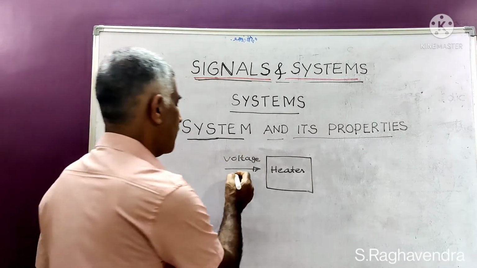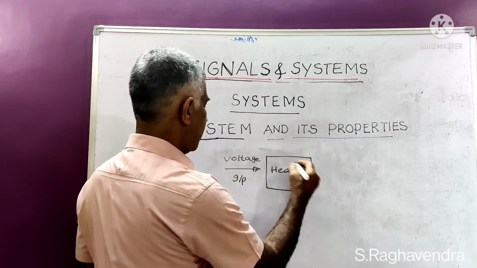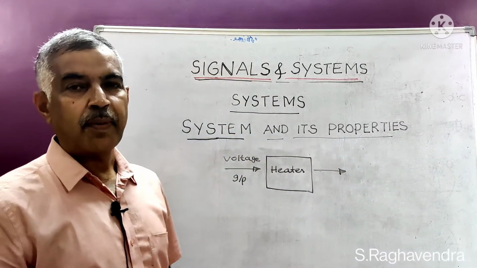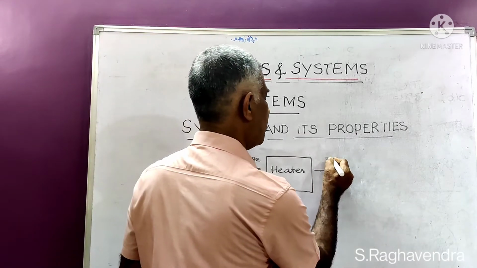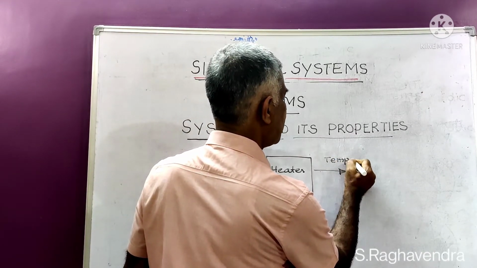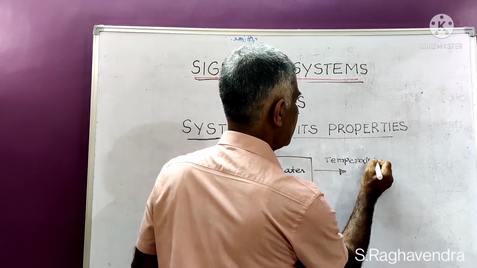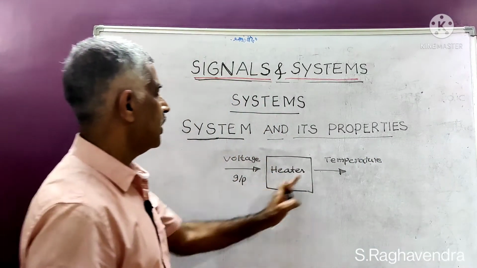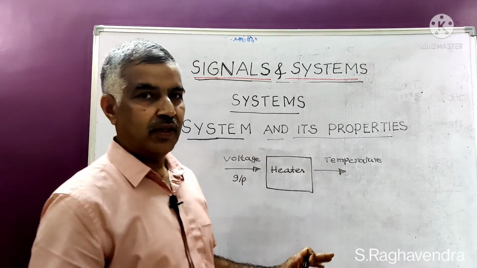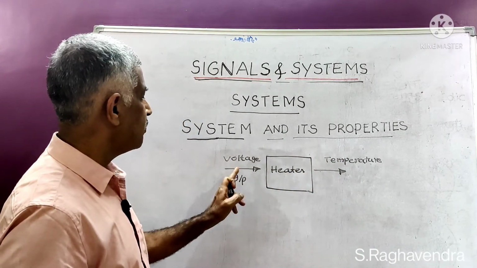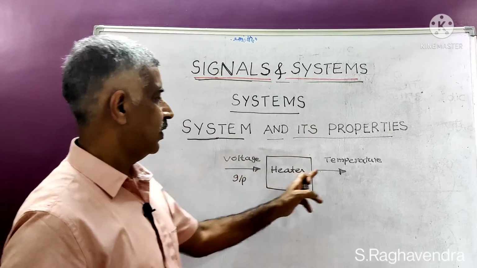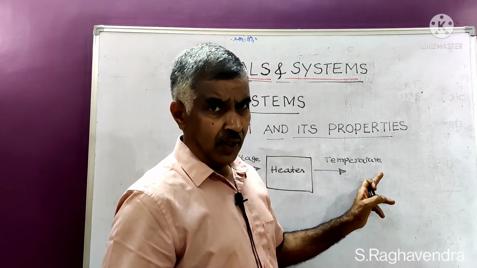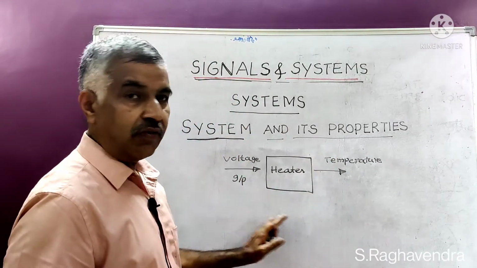It responds to voltage input by undergoing change in temperature. So a heater responds to a voltage input, that is electrical input, by undergoing change in temperature. This is another example, the heater.